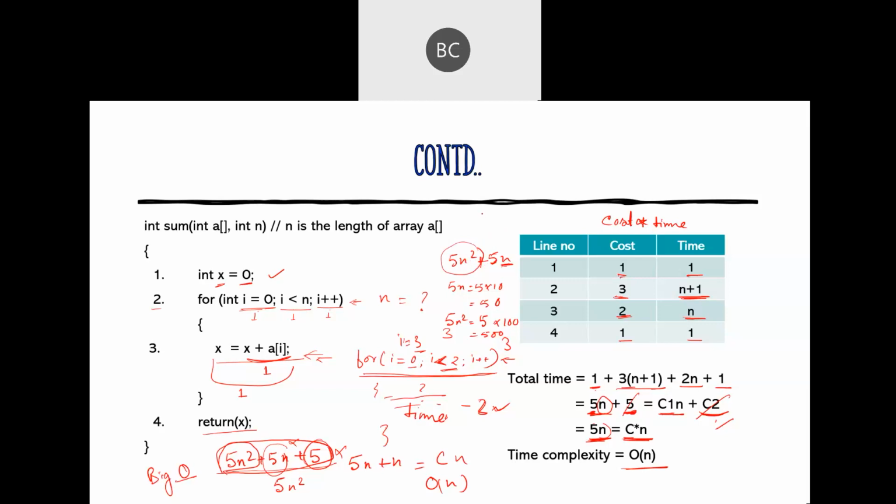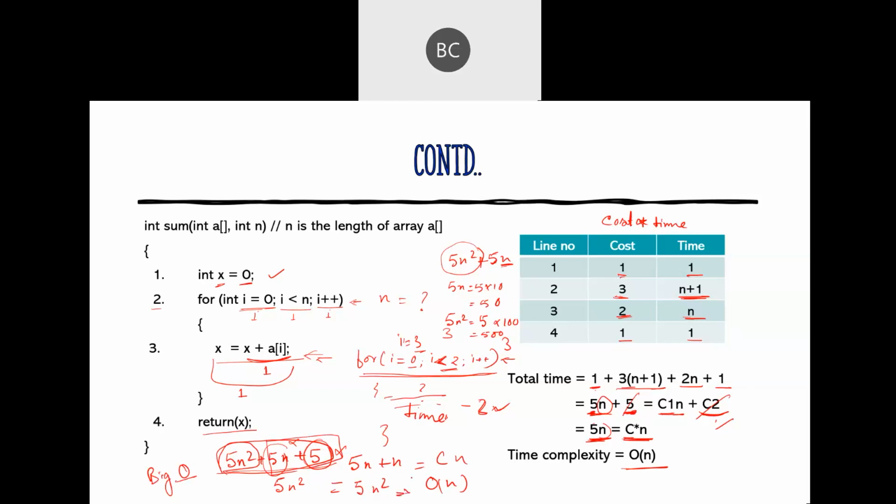Then if n equals 2, it will be 2 into 2, 4 into 5, 20. So the running time of this algorithm is mainly depending on this 5n squared term only. Therefore, we are simply going to ignore this part.